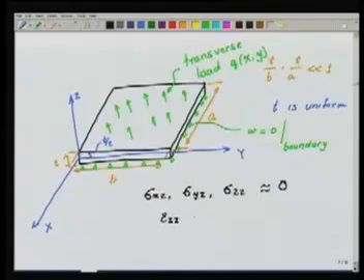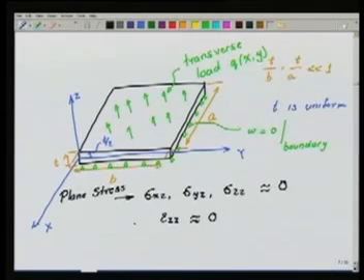We further have an assumption here that the transverse straining is much smaller as compared to the in-plane straining. That is, epsilon zz is on top of this assumed to be 0. So this gives us the plane stress assumption.